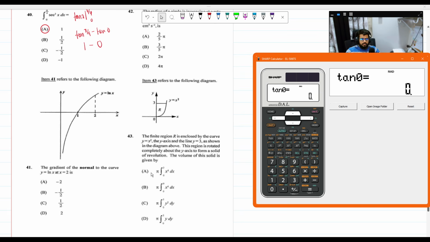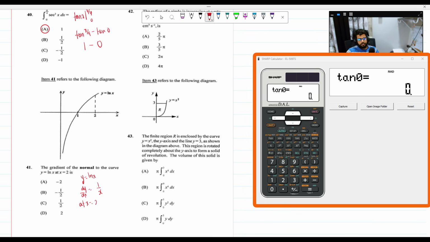Number 41 refers to the following diagram. The gradient of the normal to the curve y is equal to ln x at x is equal to 2 is, well, we have to get the gradient of the tangent first. So y is equal to ln x, dy dx is equal to 1 on x.